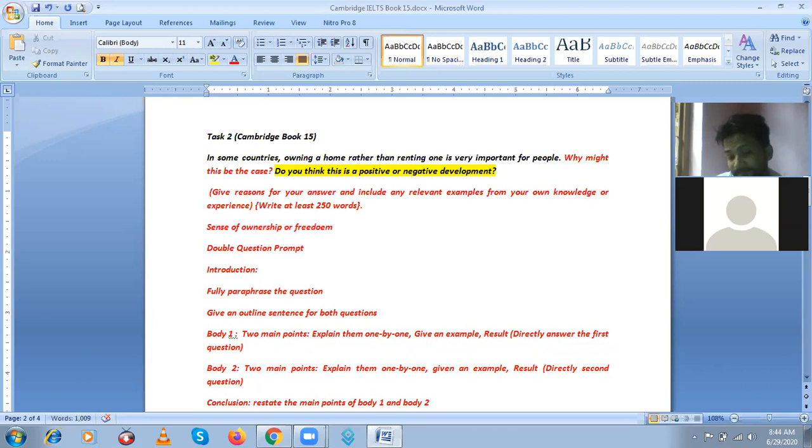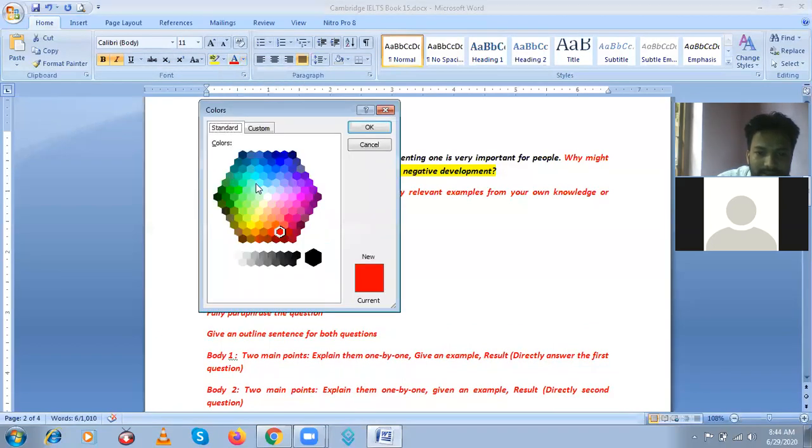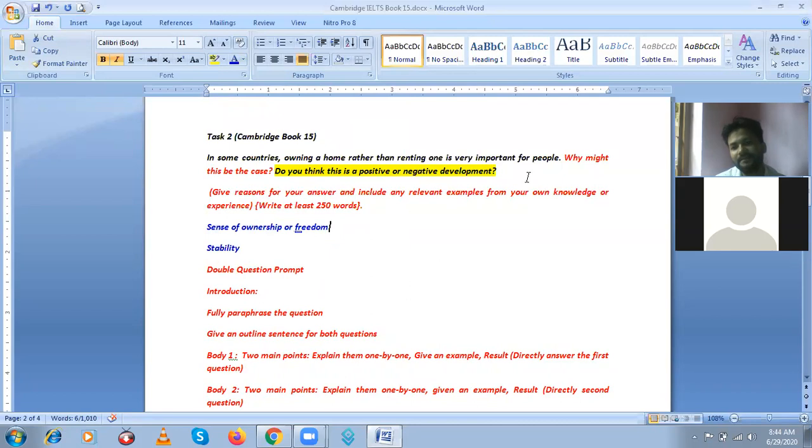Another reason can be stability. People like to live for a long time. Very generally, these two are common reasons. There are other reasons too, but here the one case might be the sense of ownership or freedom, another stability.